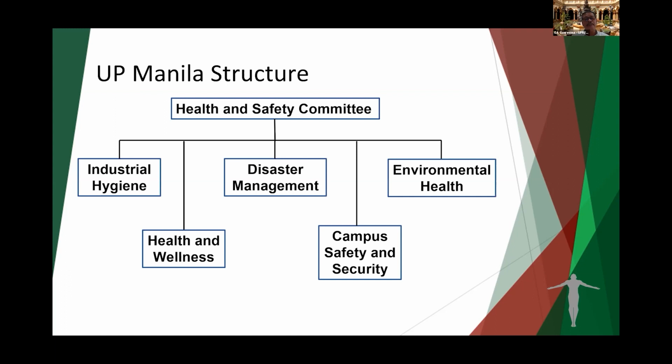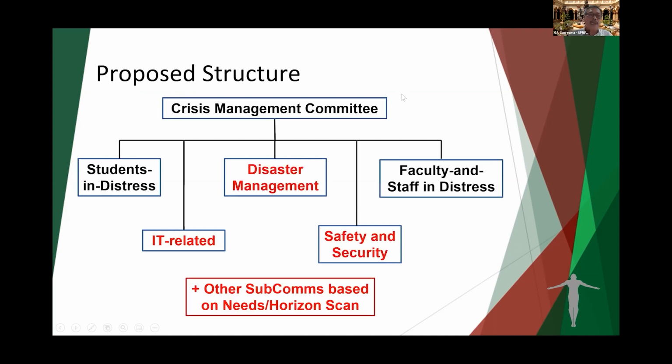Now, each CU may adopt their own structure for their crisis management committee. But if you will ask me, I propose the following. You have the policy group there, the Crisis Management Committee. Take note that the UP Crisis Management Committee has the president as the chair, so our responsible official is already in this committee. And we already formed the Students in Distress Subcommittee and the Faculty and Staff in Distress.